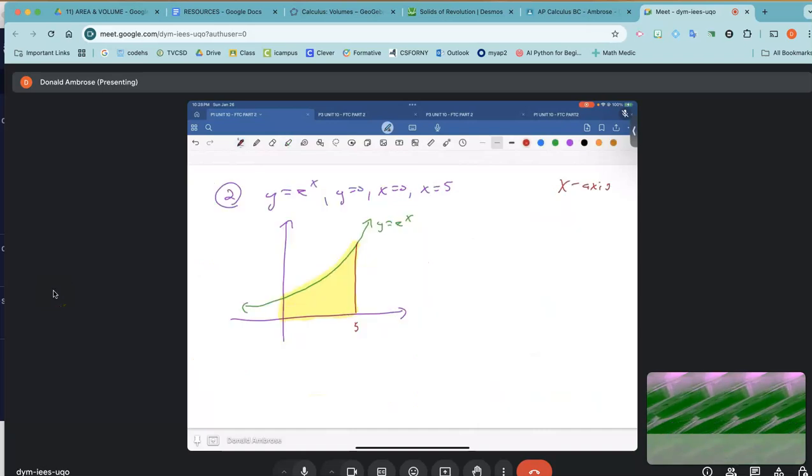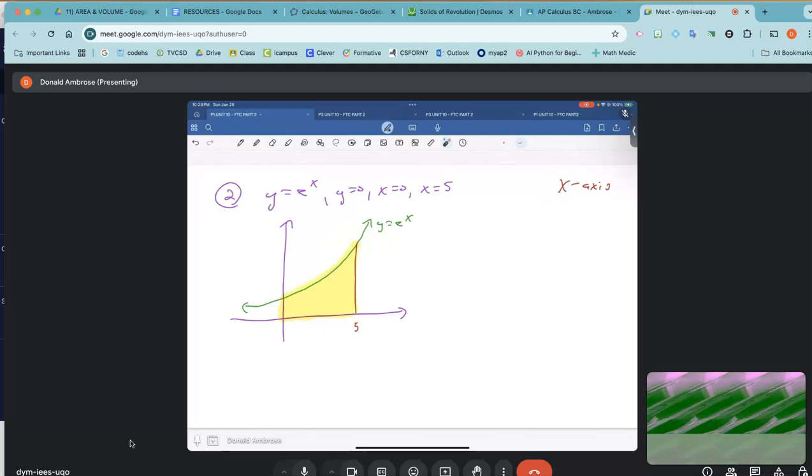All right, so if we look at this next problem here, again, we have a region that is bounded by the graphs of y equals e to the x, y equals 0, x equals 0, and x equals 5. So we can kind of see those particular graphs here, and we're going to revolve this about the x-axis.